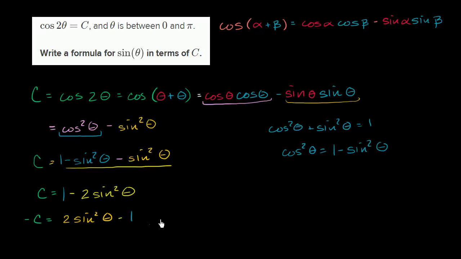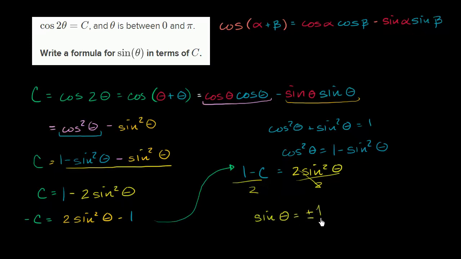If I add 1 to both sides, I get 1 minus c is equal to 2 sine squared theta. I can divide both sides by 2. And so I get sine squared theta is equal to 1 minus c over 2. Or I could write that sine of theta is equal to the plus or minus square root of 1 minus c over 2.